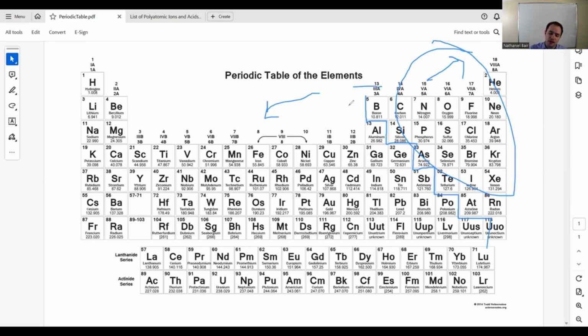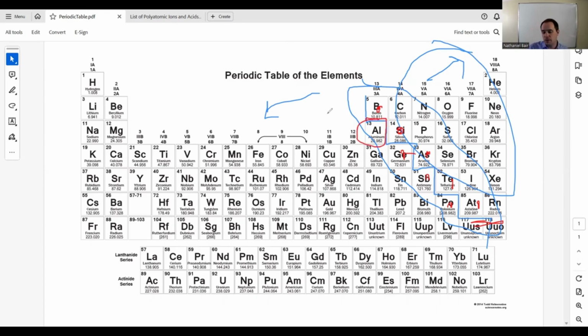The other purpose of this staircase is to show you where the semi-metals are. The semi-metals are any element that borders that staircase with the exception of aluminum. So boron is a semi-metal, silicon, germanium, arsenic, antimony, tellurium, polonium, astatine, and then these guys. They've barely ever been made. They're purely man-made and synthetic. You don't have to worry about them.